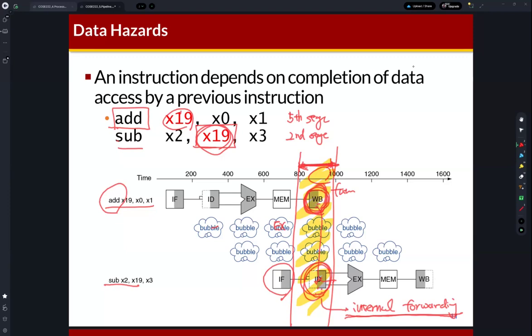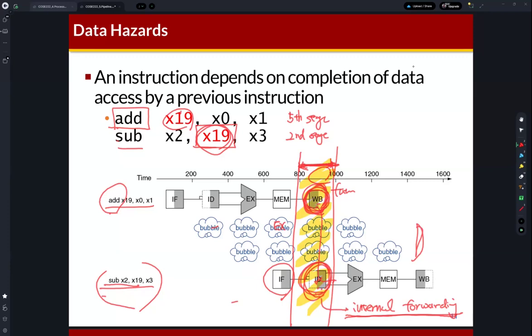So in this case, the ID stage of the sub instruction is in the same timing as the write back stage of the add instruction. So in order to make this timing, the sub instruction needs to be delayed by 2 clocks. So 2 clock cycles need to be wasted.